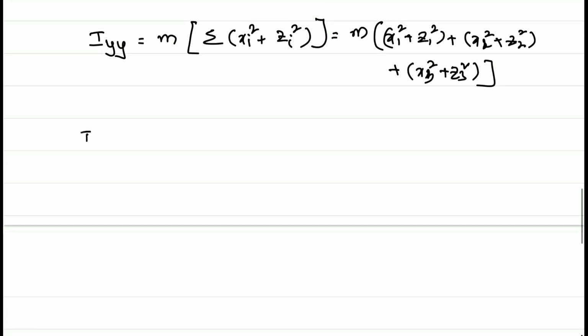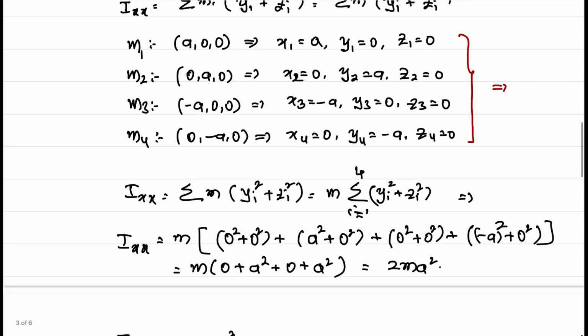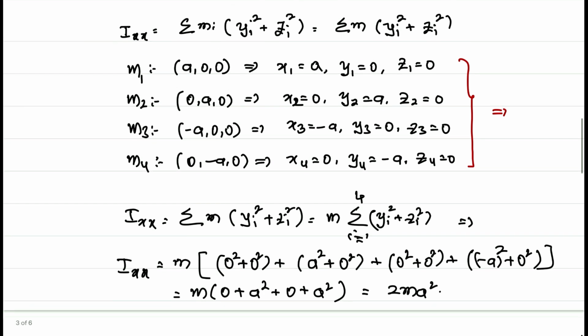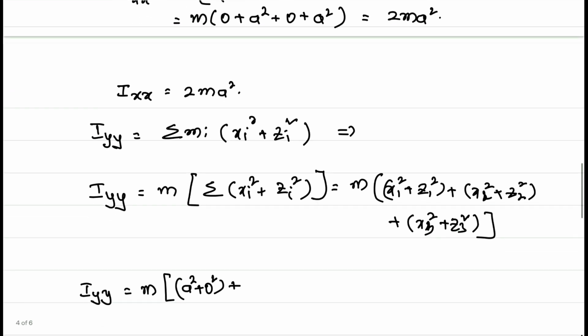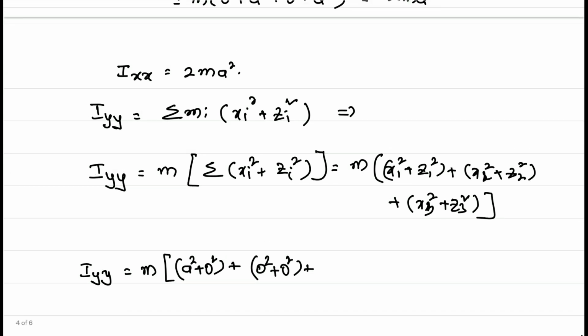Now let us substitute. Iyy is equal to m into, what is x1? x1 is A, so A square plus 0 square, plus x2 square plus z2 square, x2 is 0, z2 is 0, 0 square plus 0 square. Here we have to add x4 also, we should not stop here.